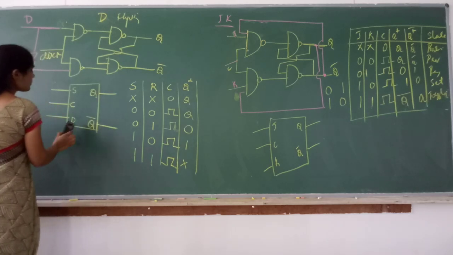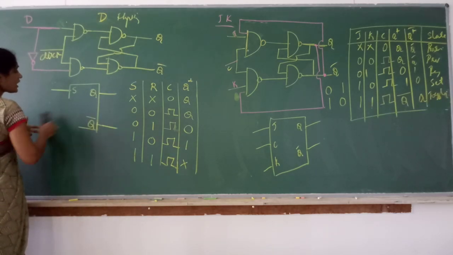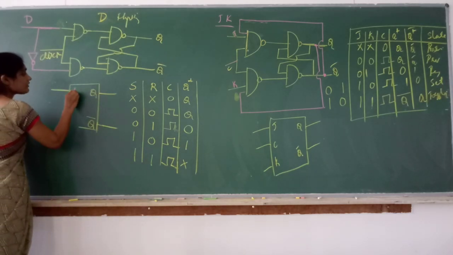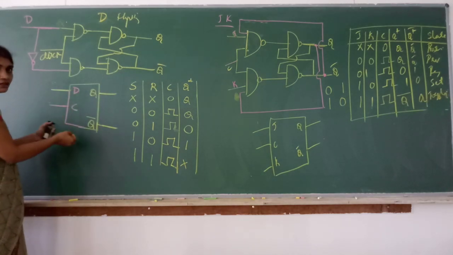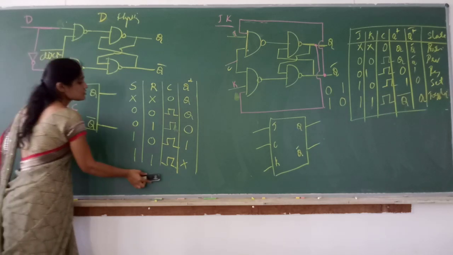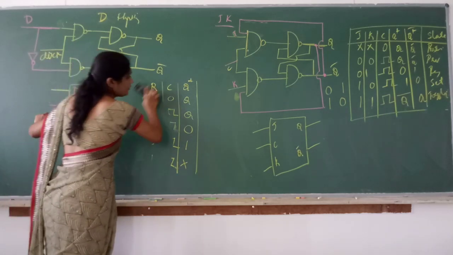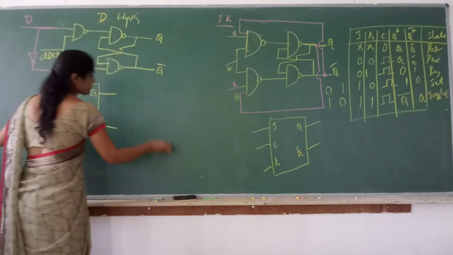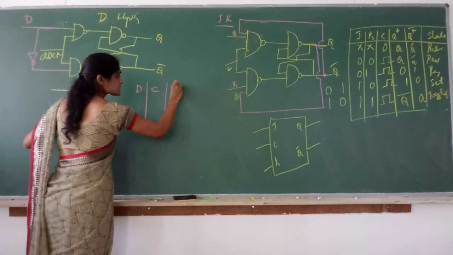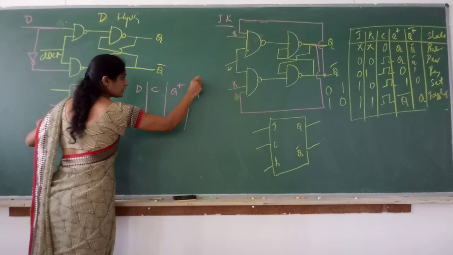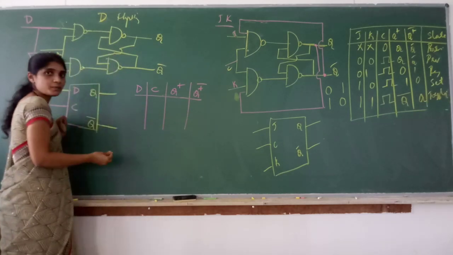So what will be the logic diagram? How many inputs do we have? We have only one, D, and clock. Of course, clock is common for all the flip-flops. Function table: we have D, clock, Q plus bar.